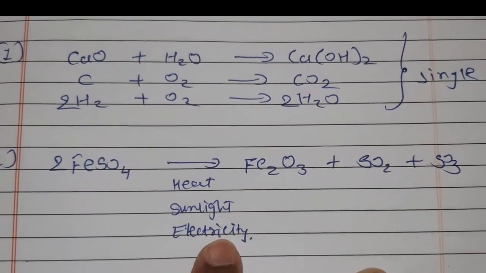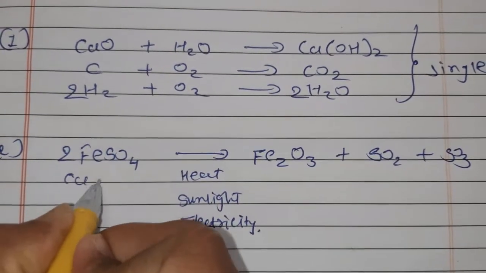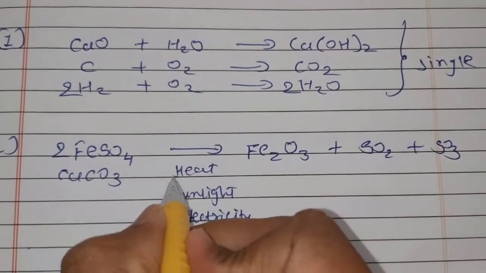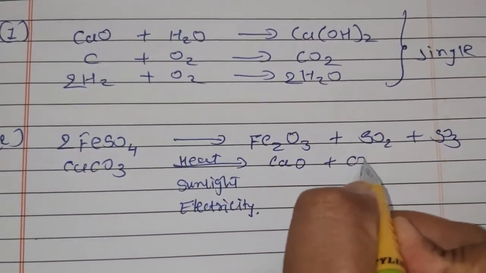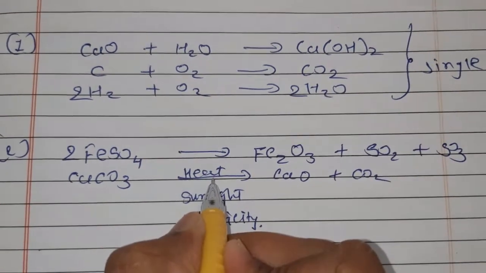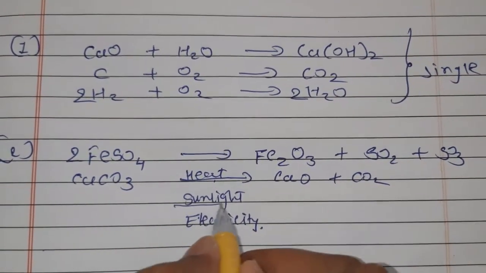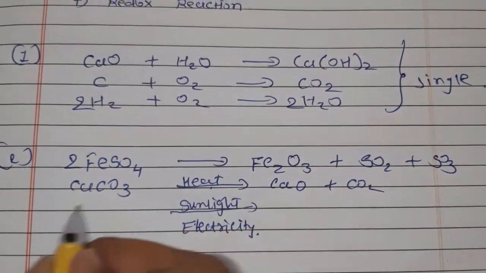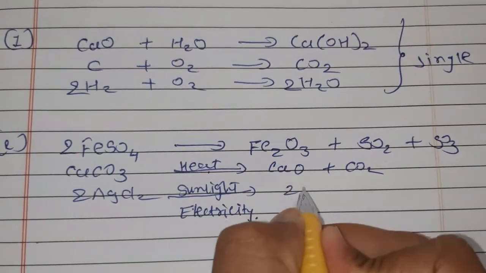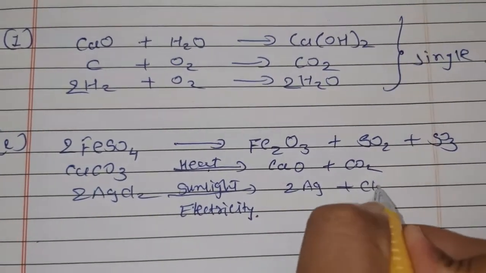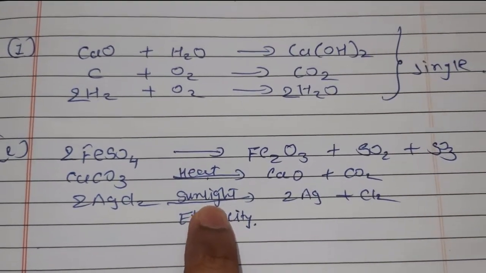Let us take an example of a thermal reaction. When calcium carbonate is converted into calcium oxide plus CO2 in the presence of heat, this is an example of a thermal reaction. For the photolytic reaction, when silver chloride is decomposed into silver and chlorine in the presence of sunlight.